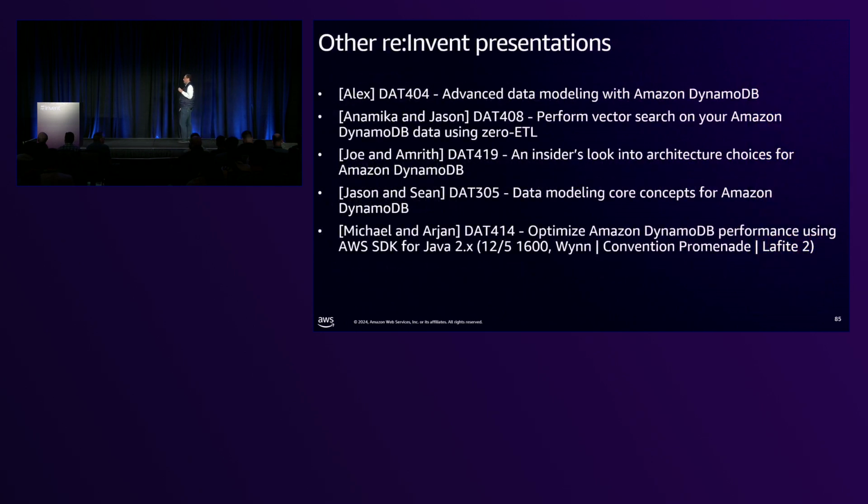There are other presentations about DynamoDB which you might also find interesting. Here's a list of the ones at this reInvent, and in case you want to search for them in the catalog, you should be able to find them.